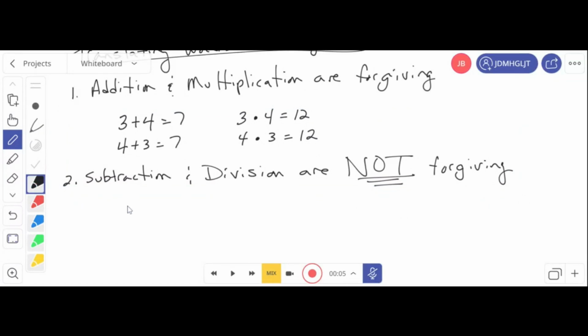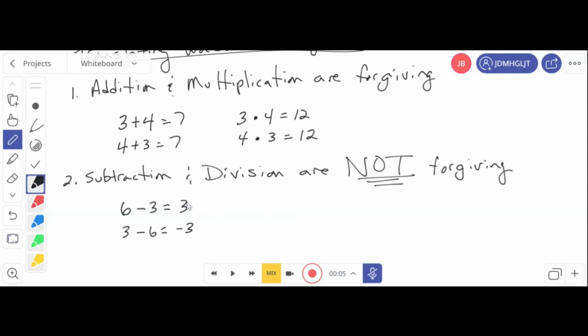If I take 6 and subtract 3, I get 3. But if I take 3 and subtract 6, I get -3. Completely different answer. So in subtraction, the order is important. If you don't get the order right, you're going to be off.